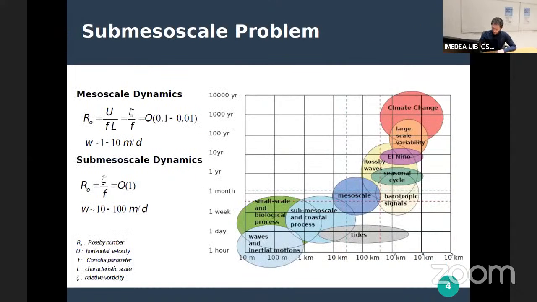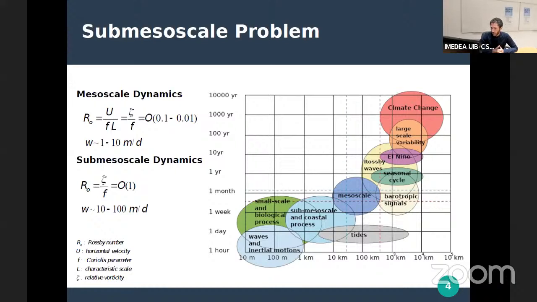So the fronts are part of these features that enter in what we call submesoscale. In the right plot, you can see a summary of all the scales involved in oceanography, with all the phenomena, with their spatial and temporal scales.